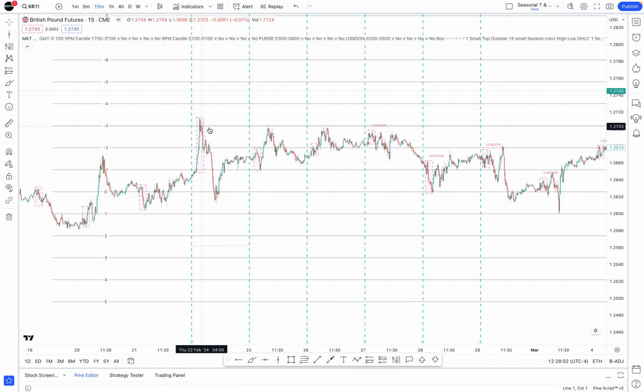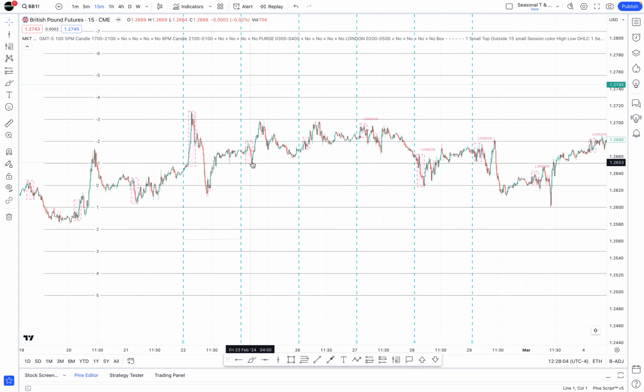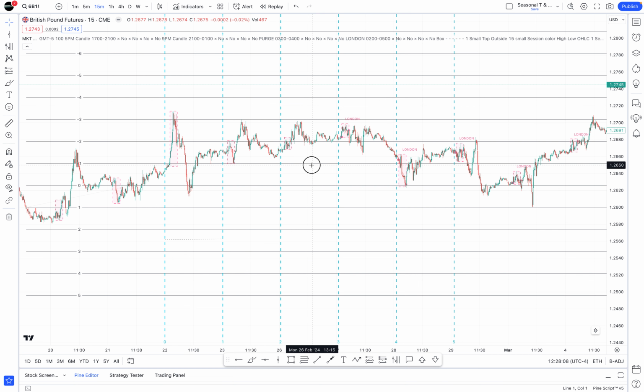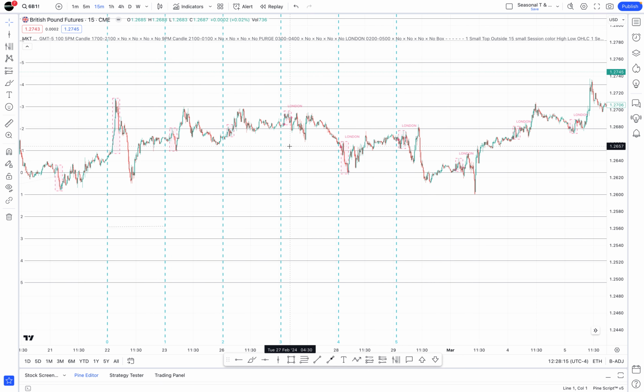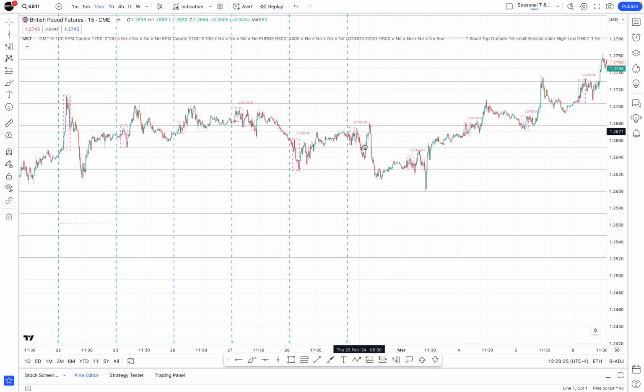Okay, so hits in London. Hits in London. Hits again in London. Hits that level in London. Doesn't hit any of. Okay, it hits the bottom there in London, below day open. Hits this level. And then the next one doesn't hit anything in London.